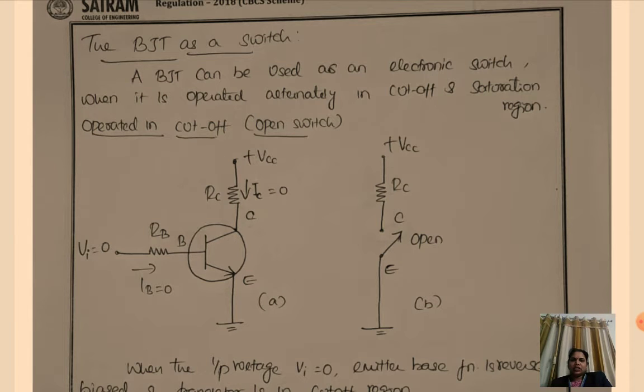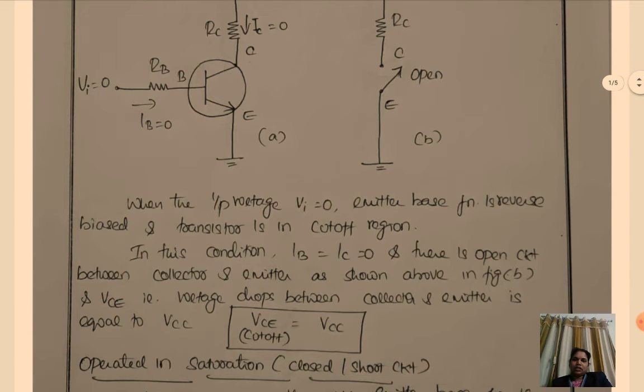That is, VCE will be equal to VCC. Thus I am making the transistor act as a switch in off position. The transistor will be off, there will be an open circuit across the collector and emitter, and the voltage drop across the collector emitter will be equal to VCC. That is what we have explained here: VCE equals VCC.